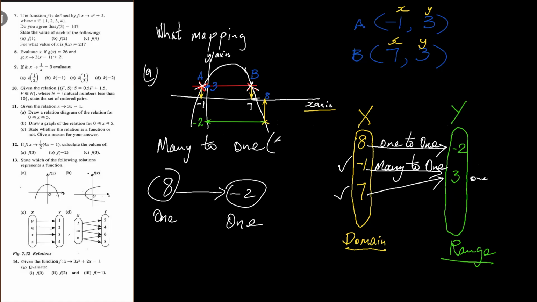Therefore, this is a function. Why is it a function? Because it's always mapping to one value in the range. So many is the x value and one is the y value.